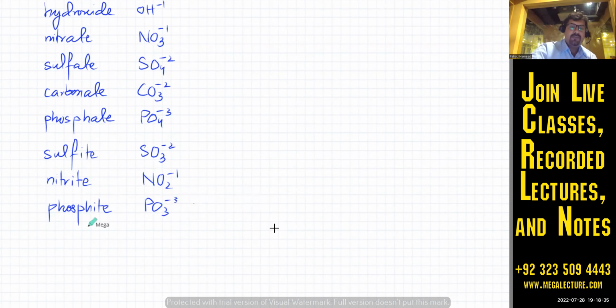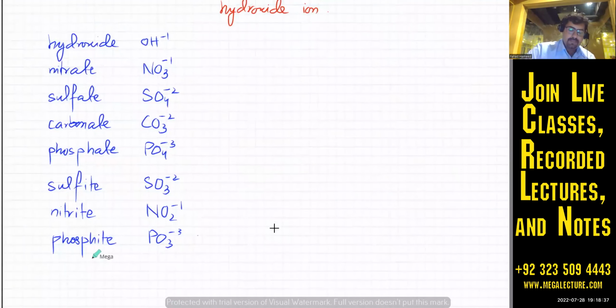So then you have some more. You've got hydrogen carbonate. That's HCO3 with a charge of -1.